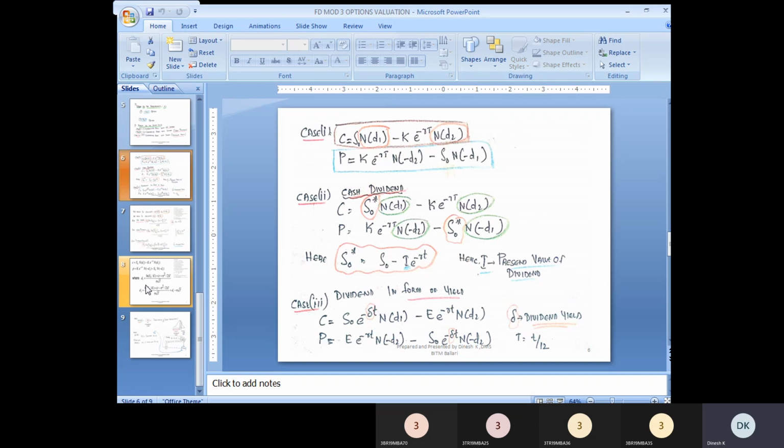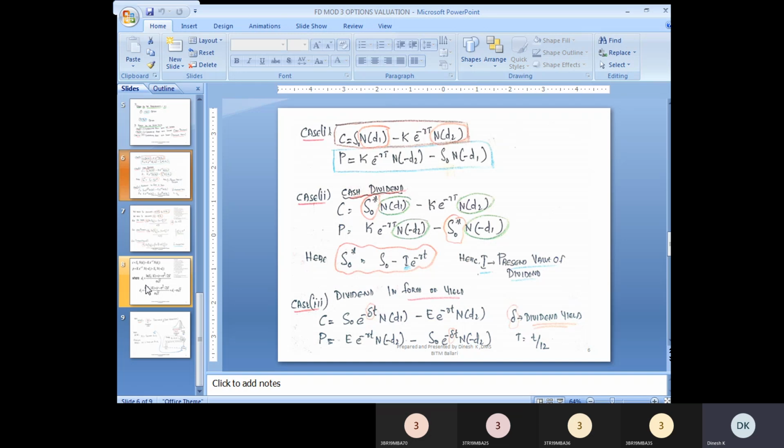Then the third case, which is dividend in the form of yield, where C equals S naught into e to the power of minus delta T, right? Whenever a dividend is given in the form of yield, we have to adjust the formula.